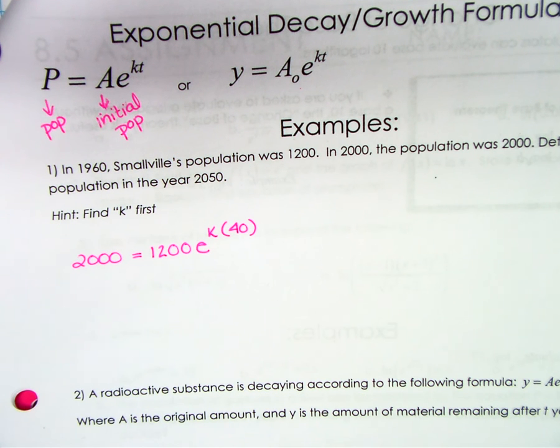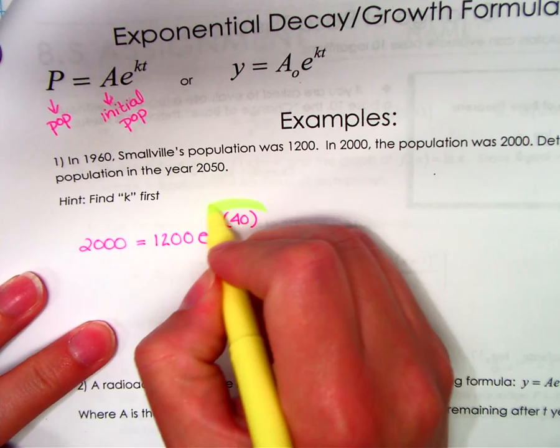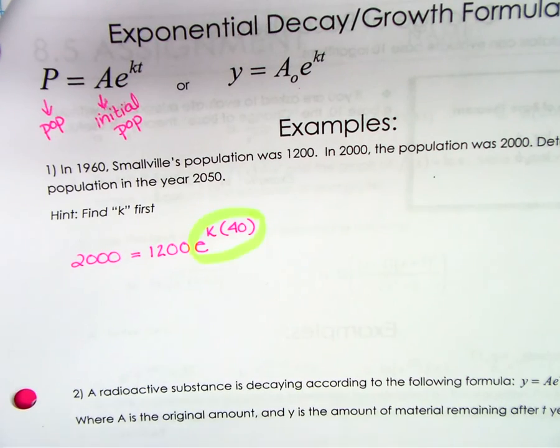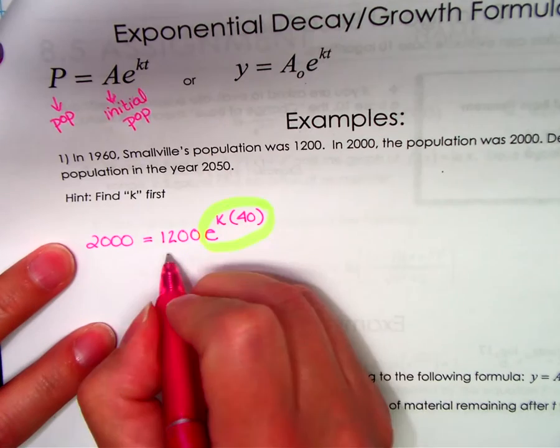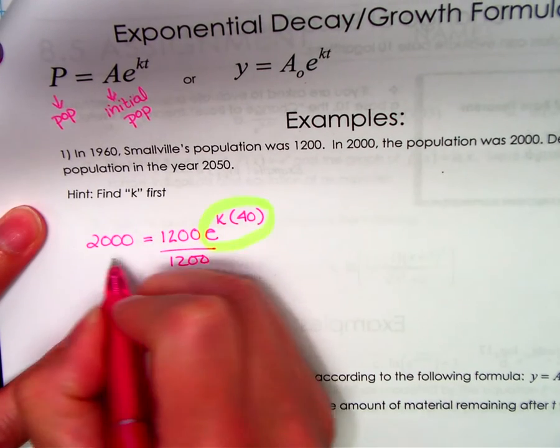So you guys have done this before. This is just solving a logarithm. There is nothing different about this than the 8.4 lesson. So we want to get that exponent by itself first, right? We want to isolate the power. Divide by, get rid of that 1,200 in front of it.